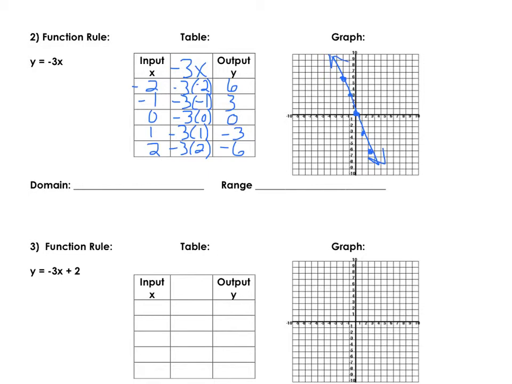So our domain is the input values, -2, -1, 0, 1, 2, and our output values are 6, 3, 0, -3, -6. Now I wrote the range in descending order, which is fine. However, a lot of times you will see the numbers written in ascending order.